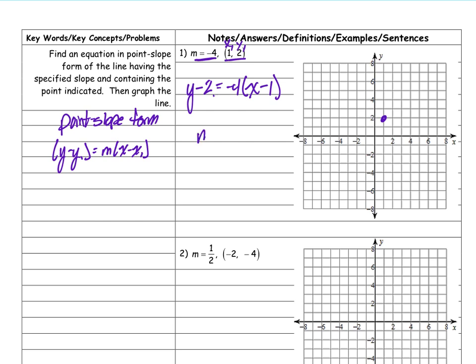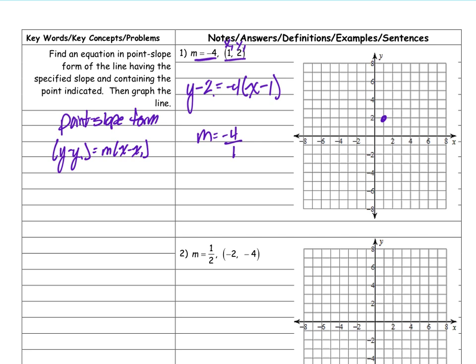And I know my slope is -4, but it needs to be a fraction. So how do I turn a whole number into a fraction? Divide by 1. So my slope is -4/1. So from that point that I have right now, I can go down 4 and over 1 from the point I'm given. Not only from my y-intercept can I do that, as long as I have a point on the line, I can still do that.